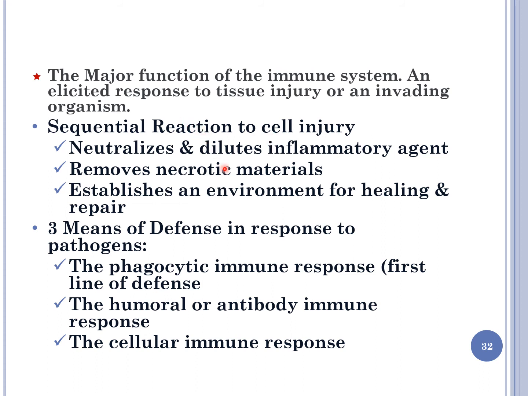So you do have things basically happening in a very, very strategic manner. You have all these different things that need to happen, especially the three means of defense in response to pathogens. You have a phagocytic immune response, humoral antibody immune response, and you have a cellular immune response that can be going on, right?